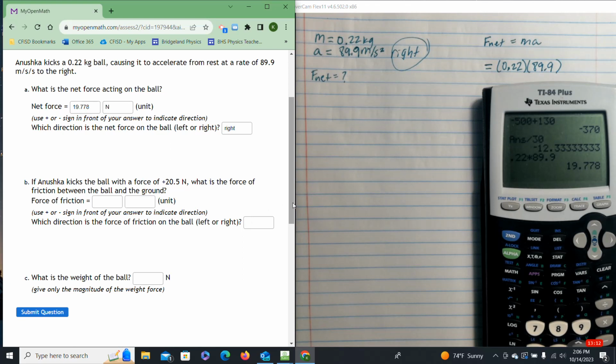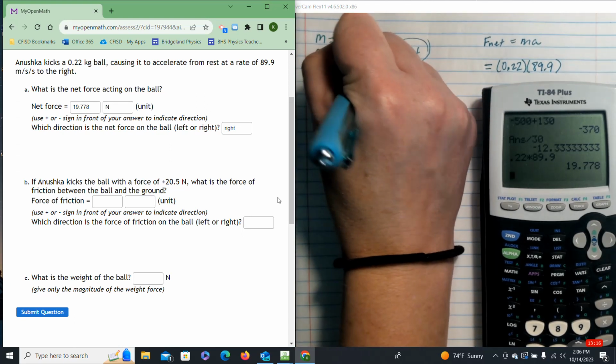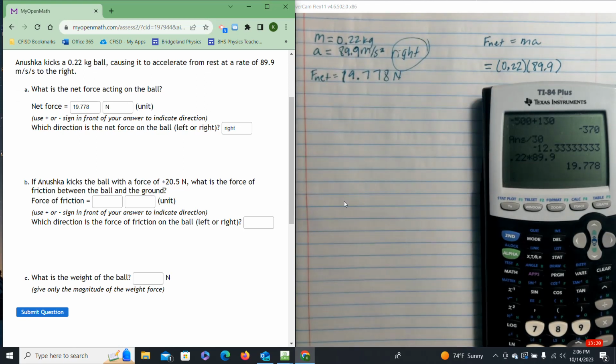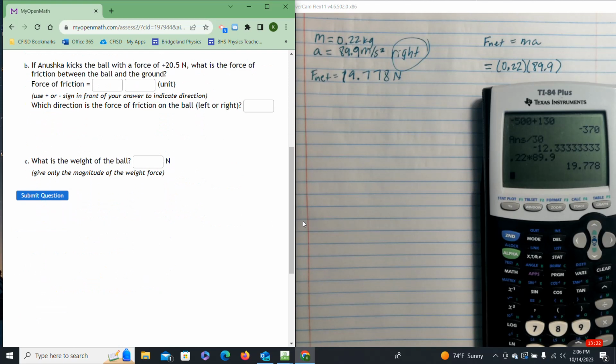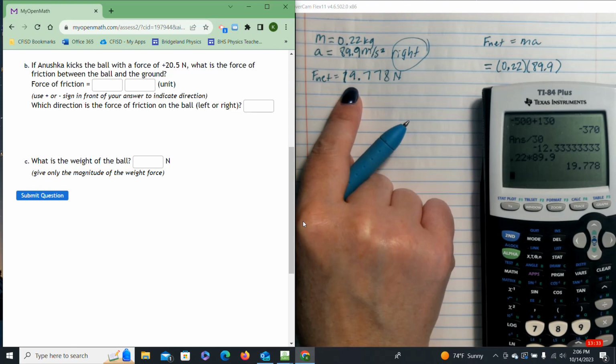The second question, and actually let me go ahead and write it here. So my net force is 19.778 newtons. Okay, the second question says if Anushka kicks the ball with a force of positive 20.5 newtons, what is the force of friction between the ball and the ground? So this is the net force acting on the ball.